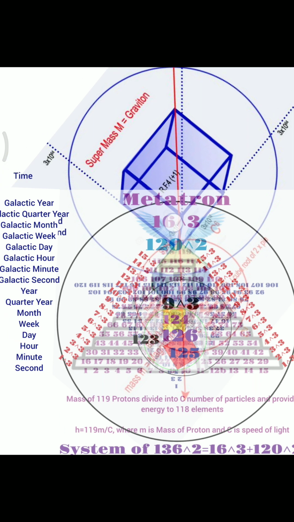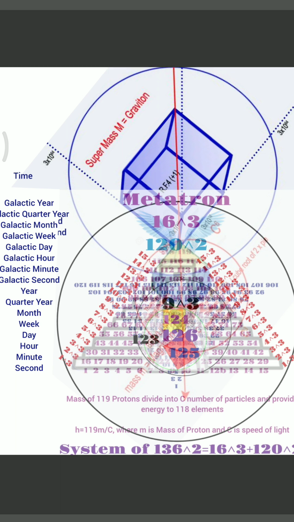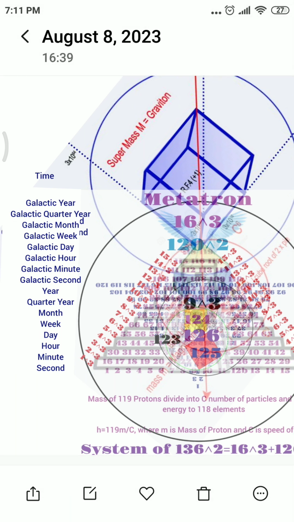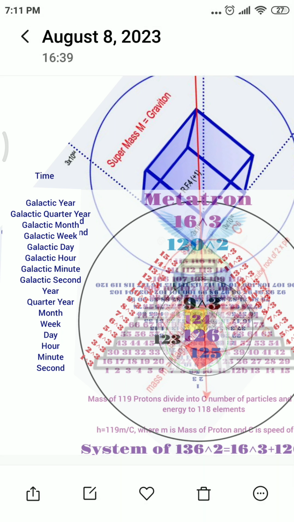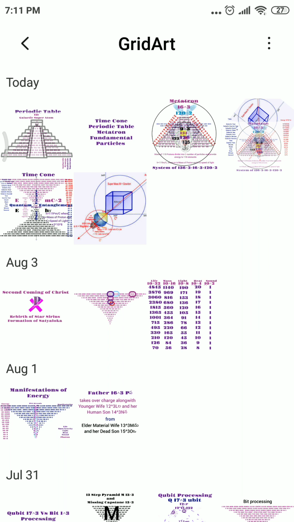One day's energy is enough for this pyramid of 120 squared. So it goes on like that. And a galactic year will be somewhere in the 16 cube. If you utilize the whole 16 cube, that will take one galactic year. So that is a kind of time.